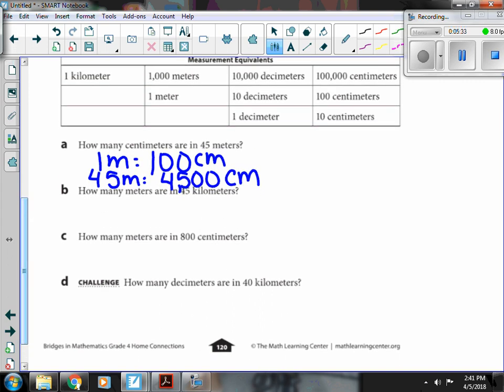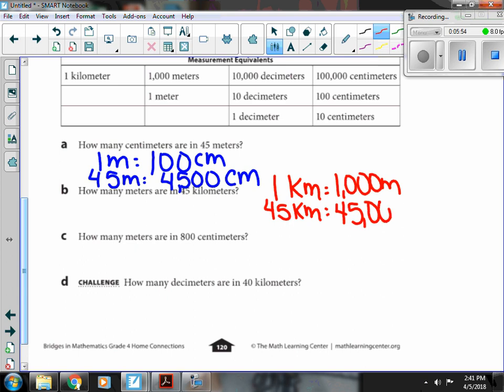How many meters are in 45 kilometers? Switch colors so we can see the different problem. Well, 1 kilometer equals 1,000 meters. So then 45 kilometers, I multiply 1,000 by 45, and I get 45,000 meters.